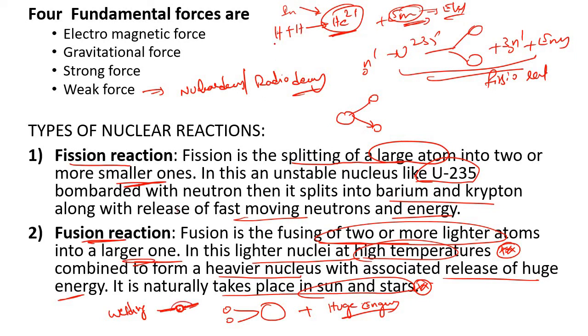Similarly, if you want to join any two smaller atoms to form a bigger one, we need to supply a lot of energy in the form of temperature so that they will join and form a new element. Same concept like welding. Hope you understood what is fission reaction and fusion reaction. And fusion reaction is taking place naturally in suns and stars.